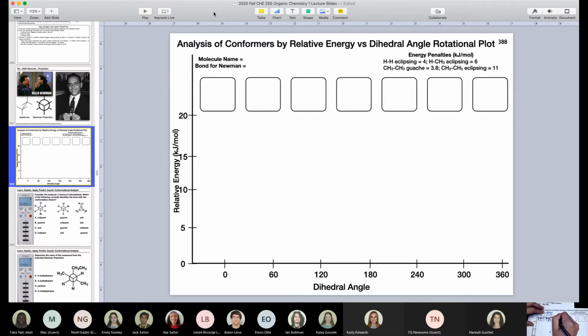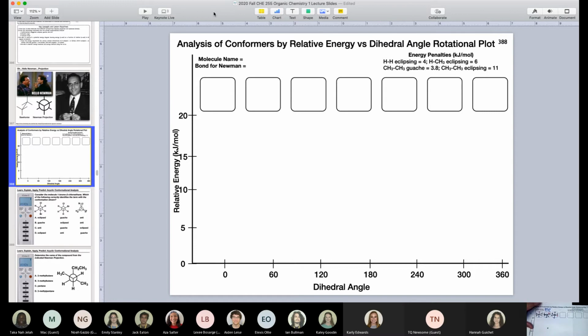So we have H, H, H, H. Our blue H is always at the bottom. We're keeping that as our sort of constant. The red H is here now. This is completely staggered. We have no eclipsing interactions, so that's now sort of the same as the first one.